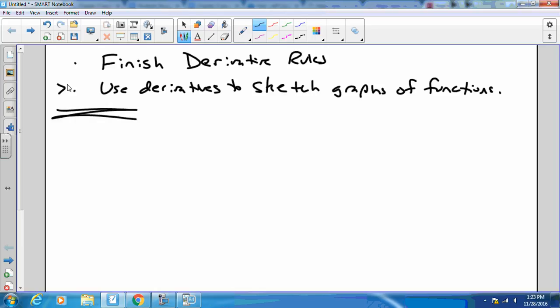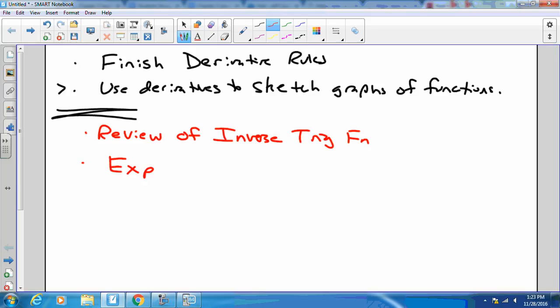For today, we're going to do a little bit of review of inverse trig functions. Then I'm going to talk a little bit about exponentials and their graphs, and their algebra.